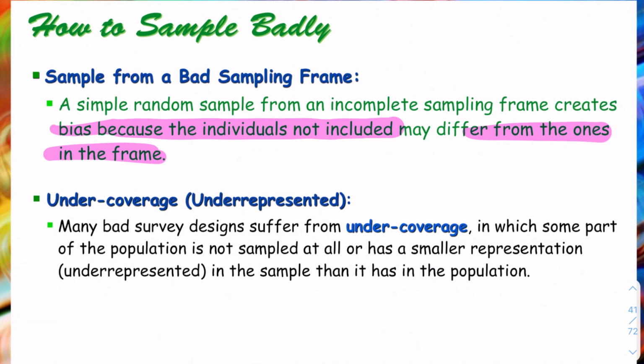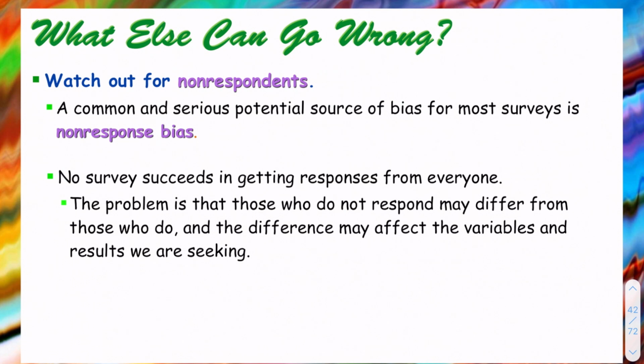Also, undercoverage or underrepresentation. Many bad survey designs suffer from undercoverage, in which some part of the population is not sampled at all or has a smaller representation in the sample than it has in the population. So we really have to look out for undercoverage.